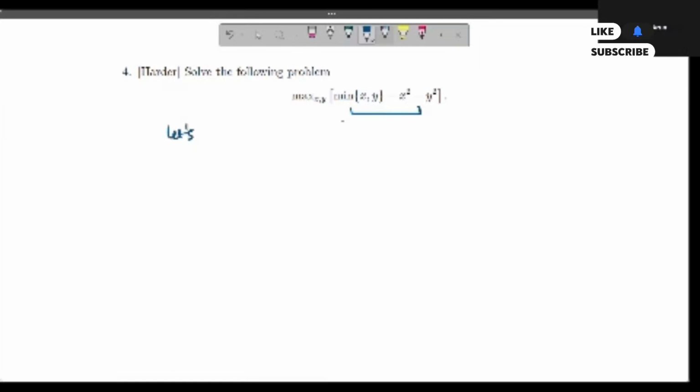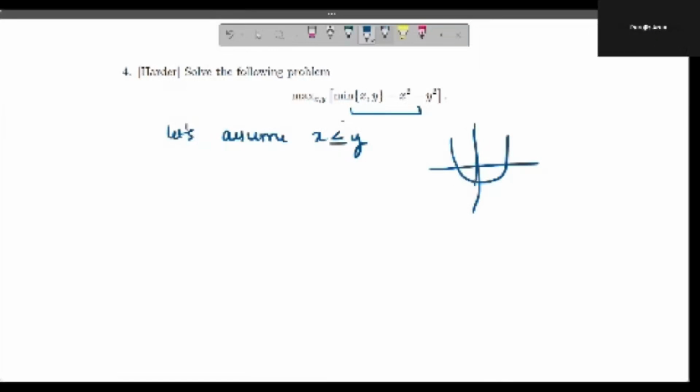So I need to assume, by symmetry, if any symmetry is possible, then only we can assume that maxima and minima is there. And for that, what's the symmetry in this case? Whenever we have a parabola, this is the line of symmetry, minus b upon 2a, through which the vertex passes.